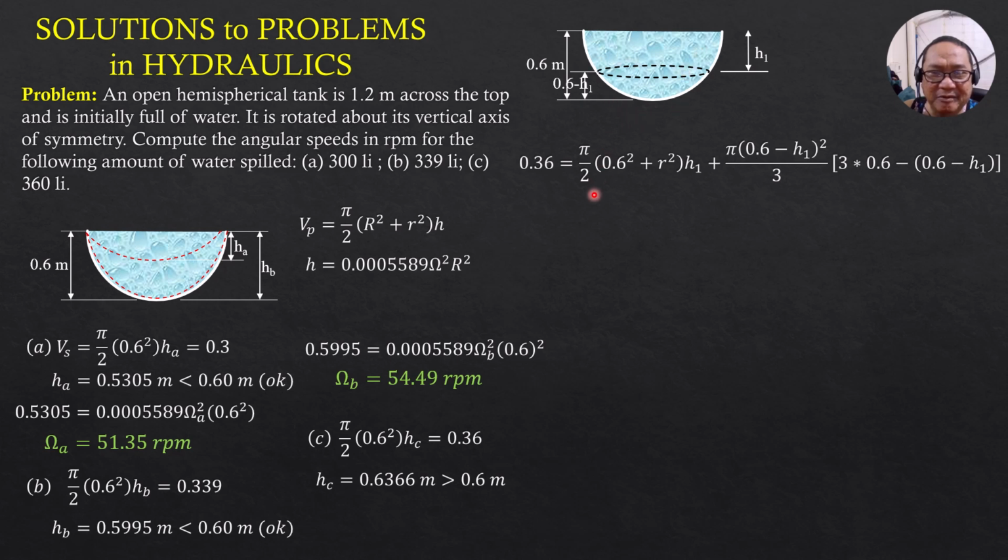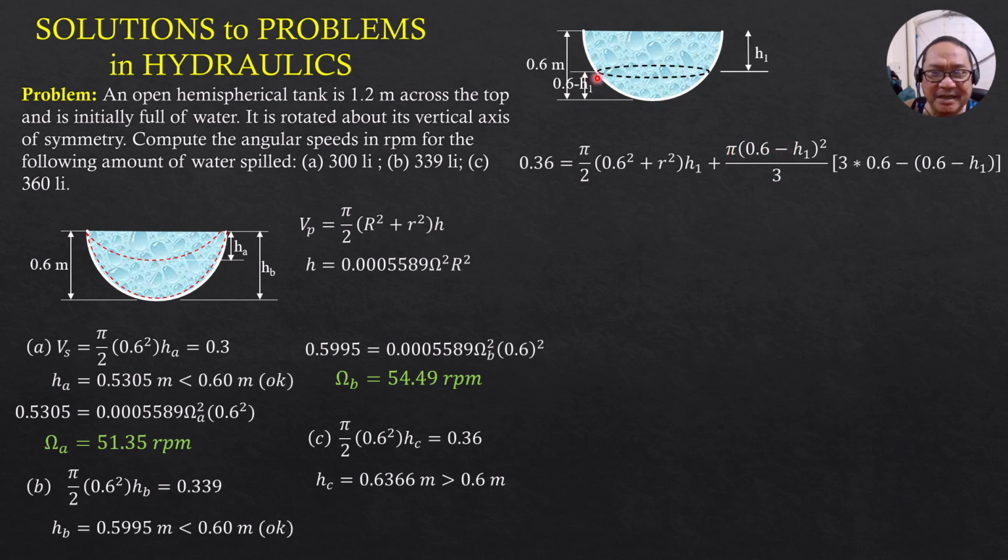So pi over 2, the radius at the top, big radius is 0.6, so 0.6 square. The radius at the bottom is small r, so r square, and the height is h1, then plus the volume of spherical segment of one base, which is pi over 3 height square.